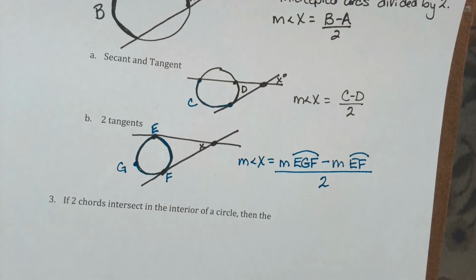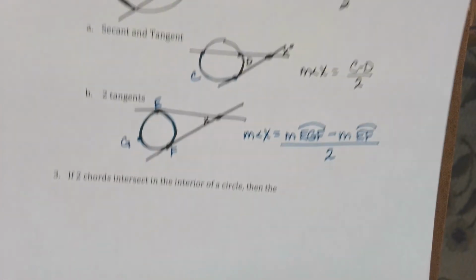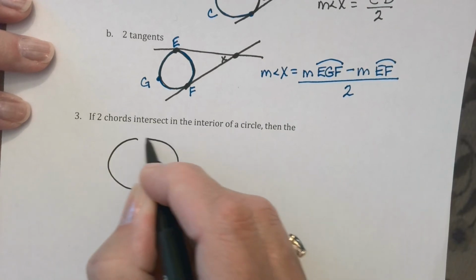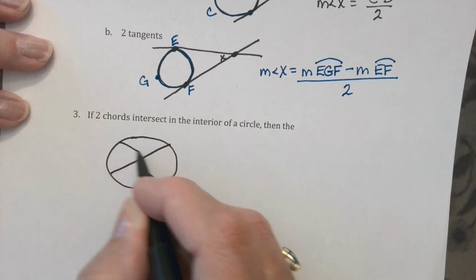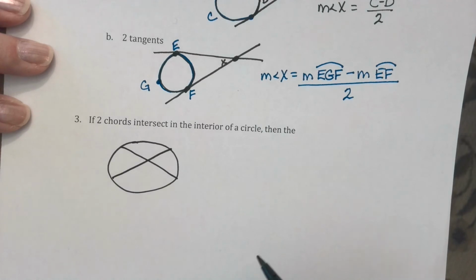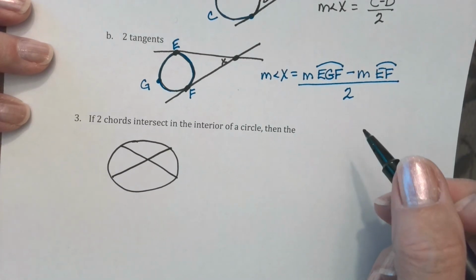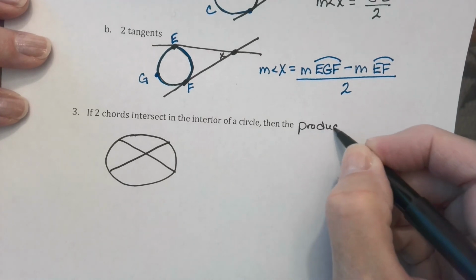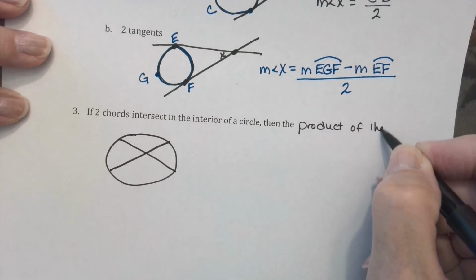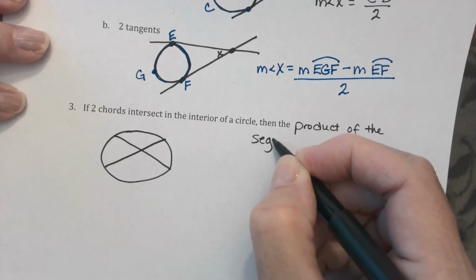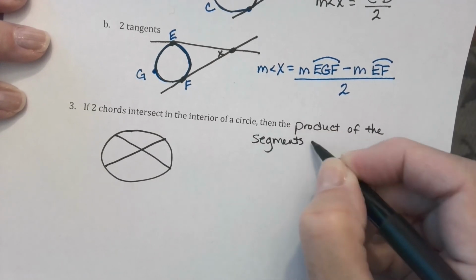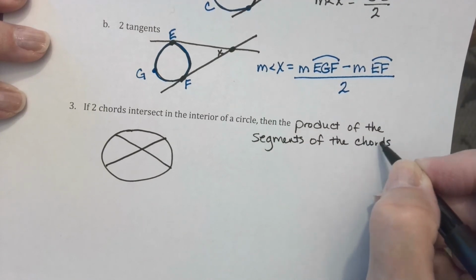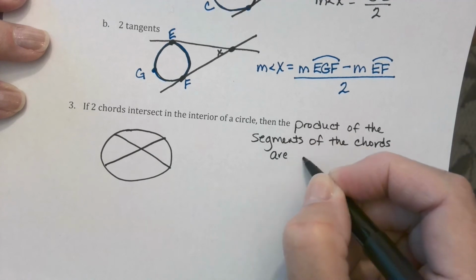And if 2 chords are intersecting in the interior of a circle, we've already talked about the measurement of angles, but now this one has to do with the measurement of the chords. Then the product of the segments of the chords are equal.